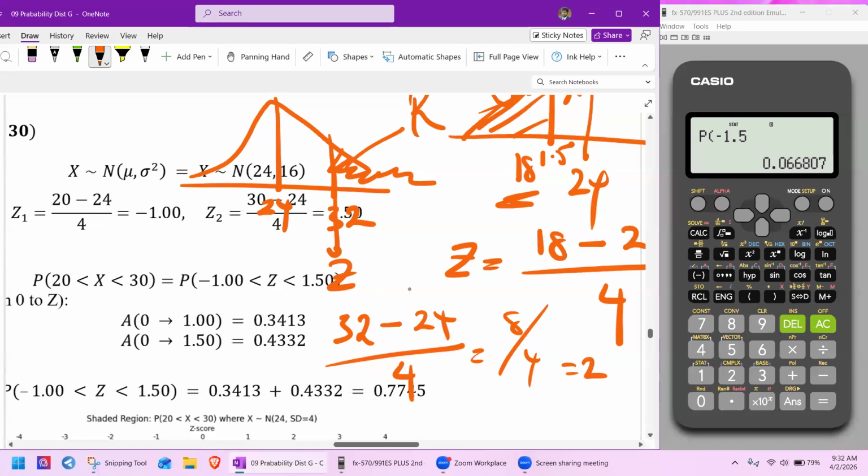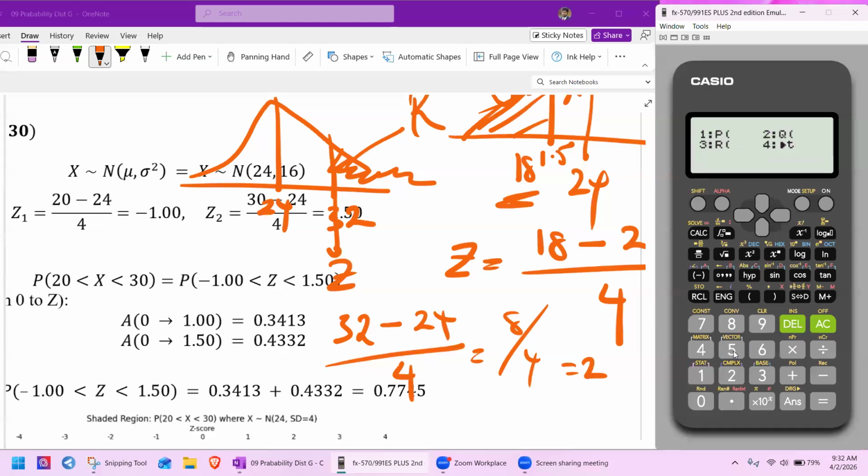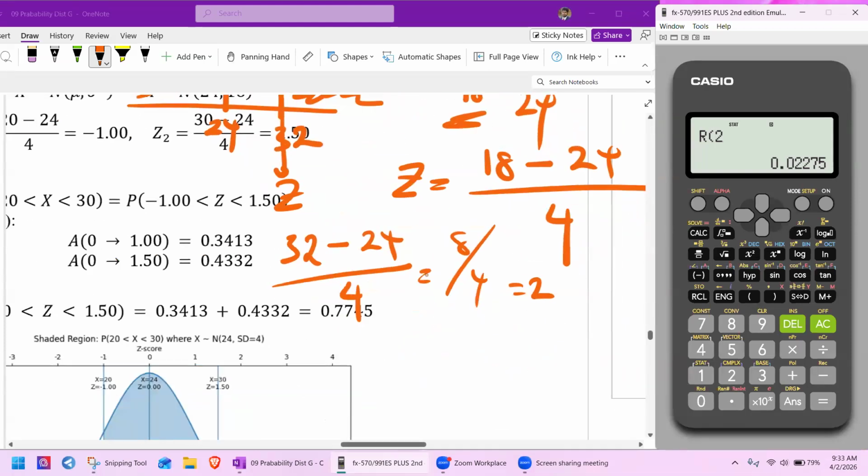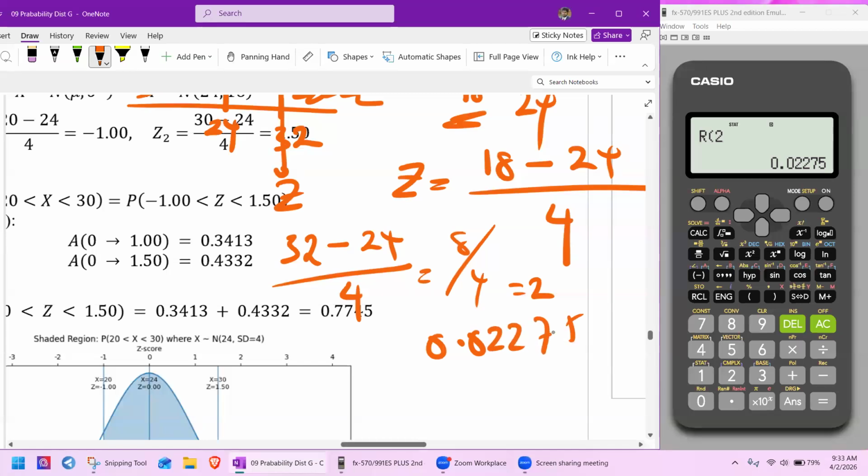So this is the right side. This is R. R equals, well, the chance is 0.02275, so 2.275%.